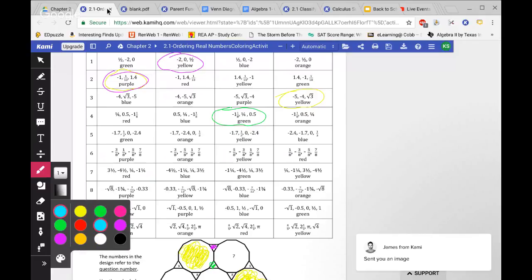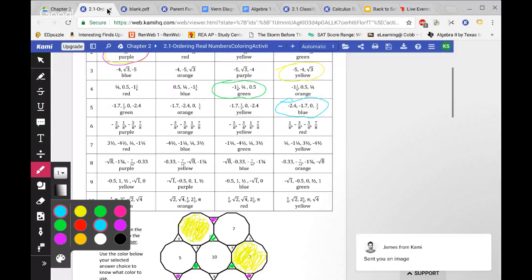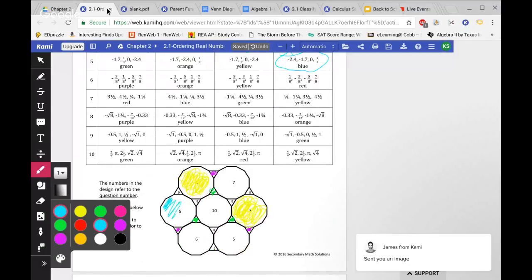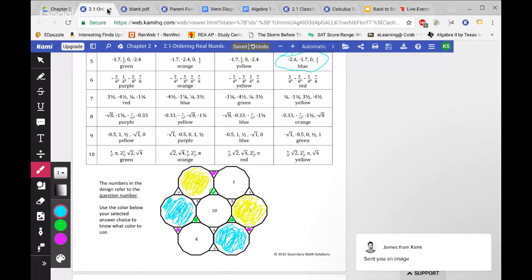Blue. Good job. So anywhere there's the number 5, you'll color it blue.